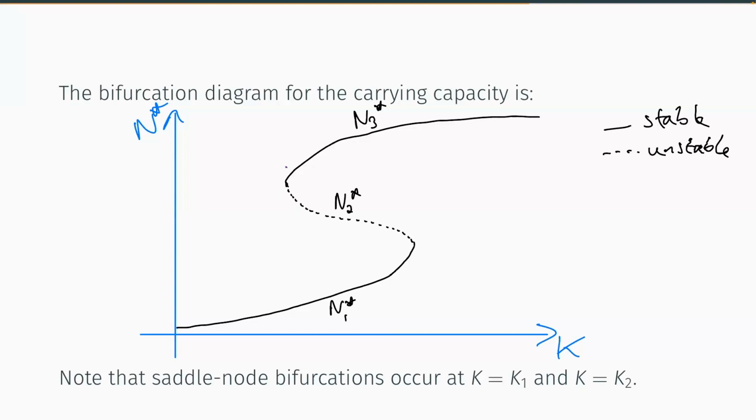We see that there are two values of K, K1 and K2, where we have these saddle node bifurcations. Typically as well, when we talk about bifurcation parameters, we talk about as a parameter increases, there is a bifurcation. There's nothing special about it increasing.